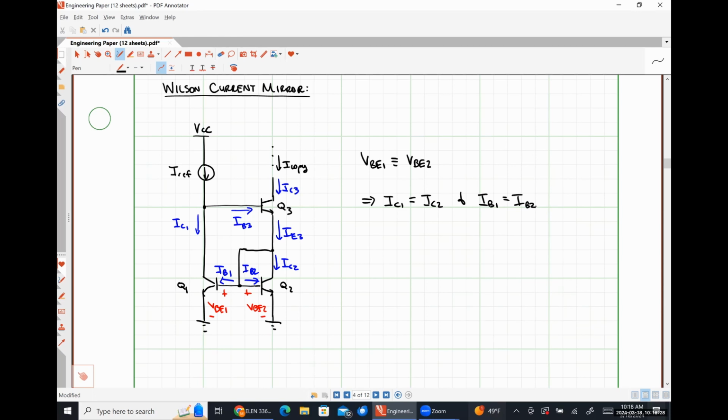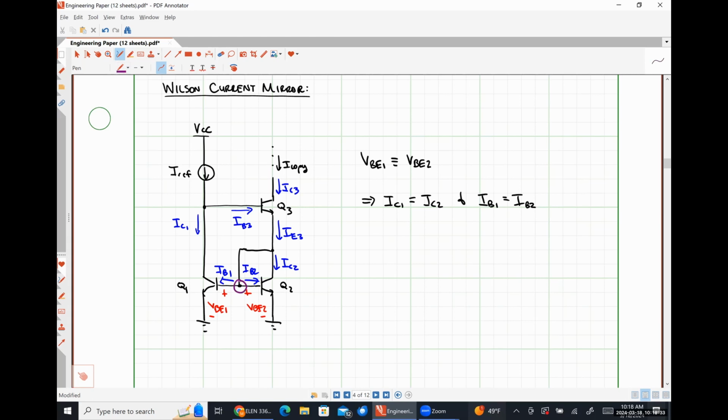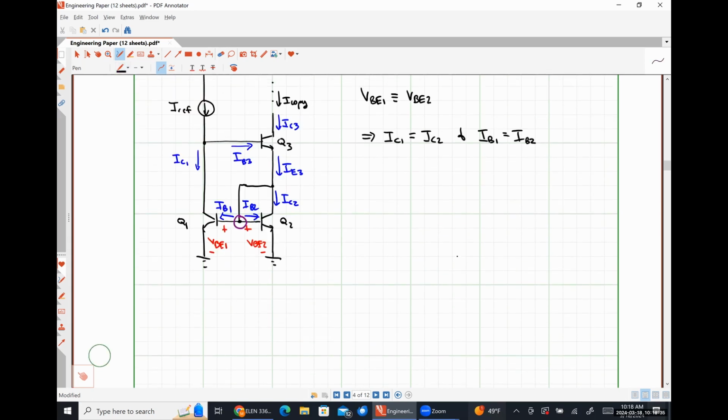So if we apply Kirchhoff's current law at this node, we can see that the current IE3 is equal to IC2 plus IB2 plus IB1.